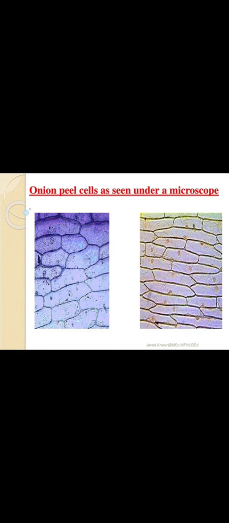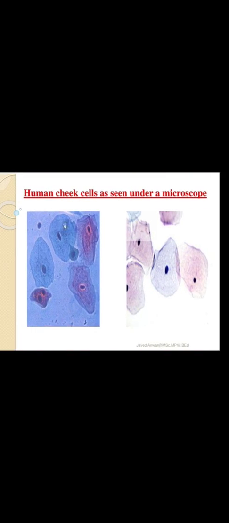On the screen you can see onion peel cells as seen under a microscope. These are the cells from the peel part of an onion, and if you see this under a microscope, the picture will look like this, whatever you are watching right now on your screen.